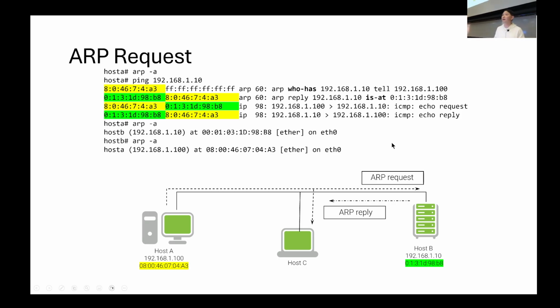So do you have any questions regarding the ARP protocol? The ARP protocol has two types of packets: who-has and is-at, right? So they translate between the IP address and the MAC address. That's the role of the ARP packet. And spoofing. What is spoofing? Pretending, to make you believe this is real, this is true, but that's a lie.